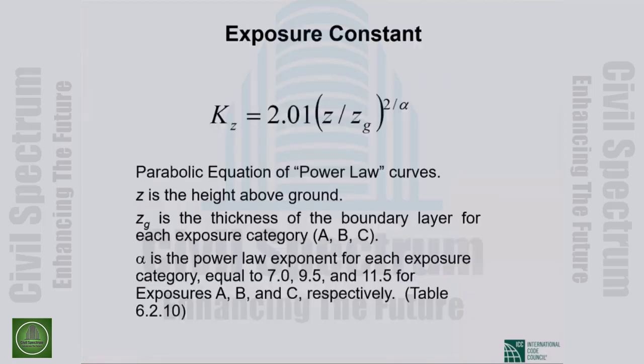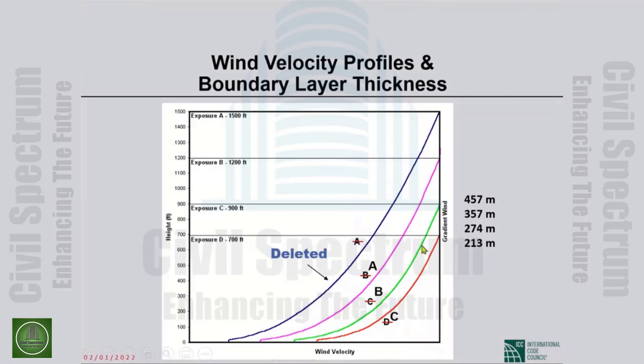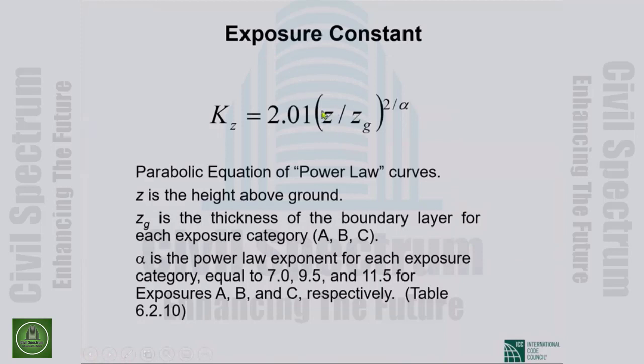Now, the variation of wind speed with height and exposure is given, as I mentioned, by the K sub z factor. It is given by this expression. K sub z is equal to that. Z is any height above ground level. Z sub g is the gradient height that I just talked about. It depends on exposure category. For exposure C, Z sub g, the gradient height, is 213 meters.